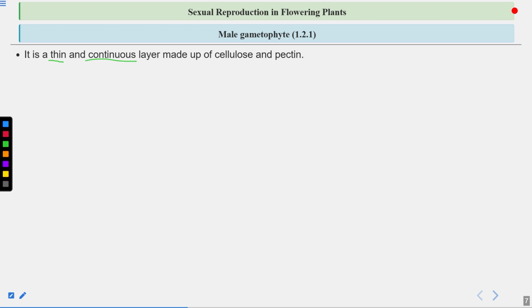The germ pore were there at the exine layer, but the intine is continuous, and from that germ pore, the intine comes out by a protuberance form, and that is called pollen tube, right?